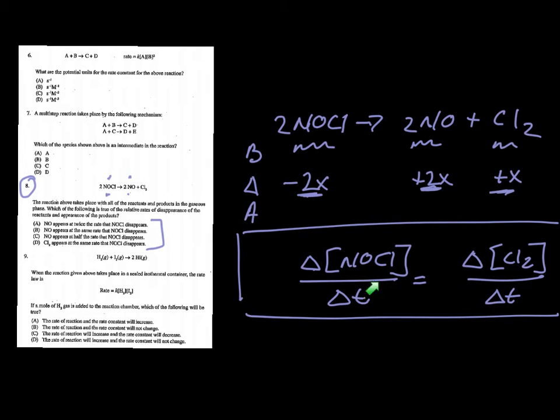And we have to put a fraction in front to represent the relationship between those changes. So what we always do is 1 over, and then on the bottom you put whatever the coefficient is. So this one would be 1 over 2, and this one would be 1 over 1. So you can see it says that the relative rates of each other have been set equal to each other. And that's just how you write the general expression.